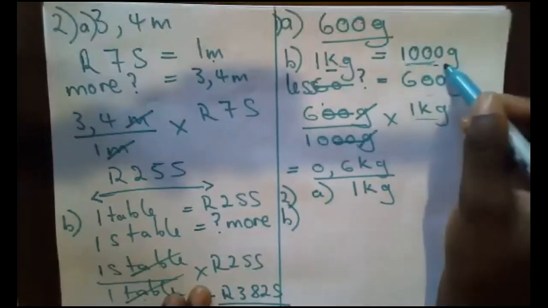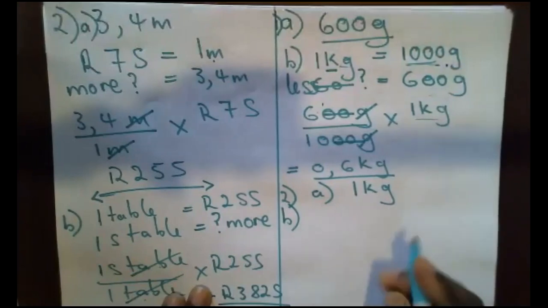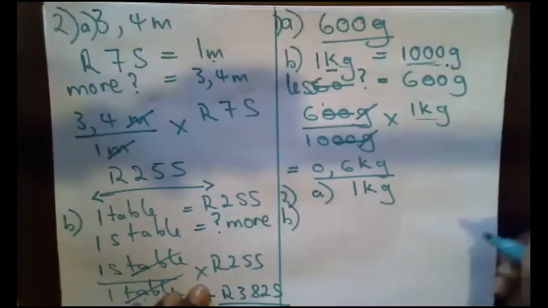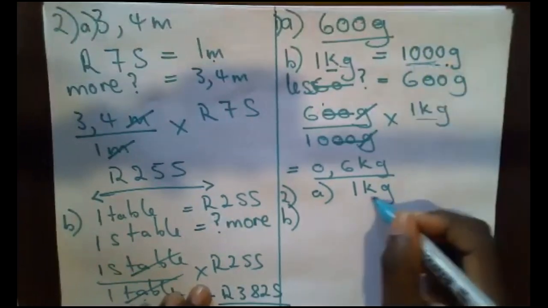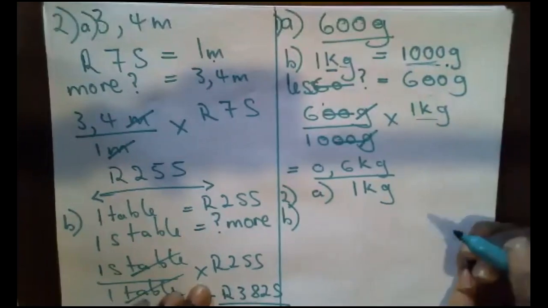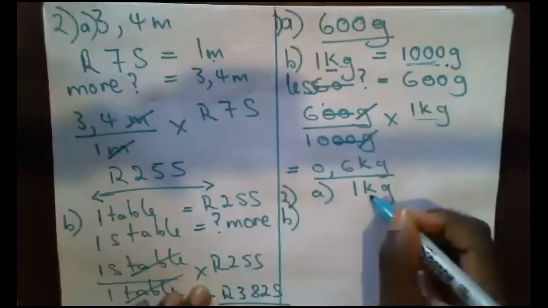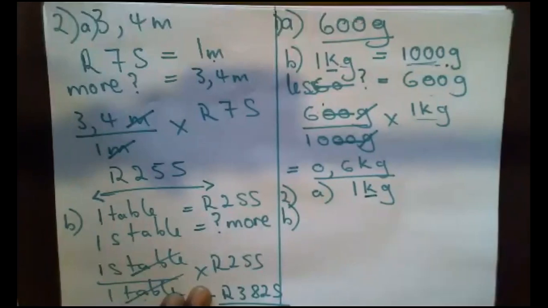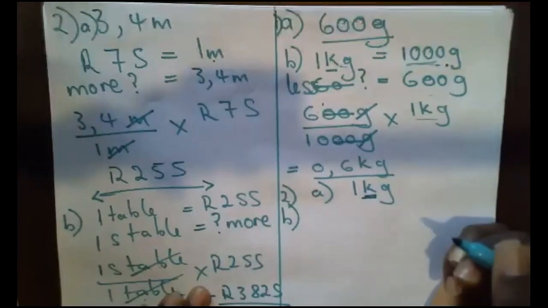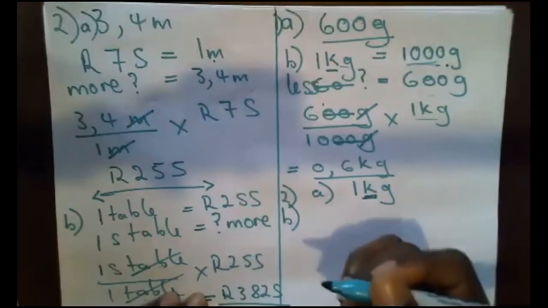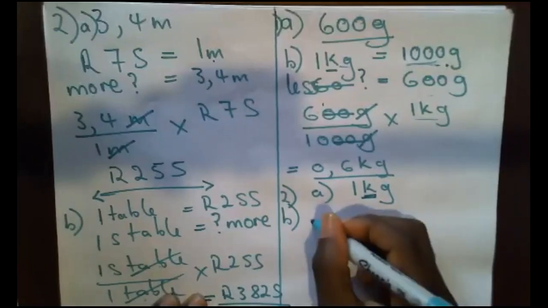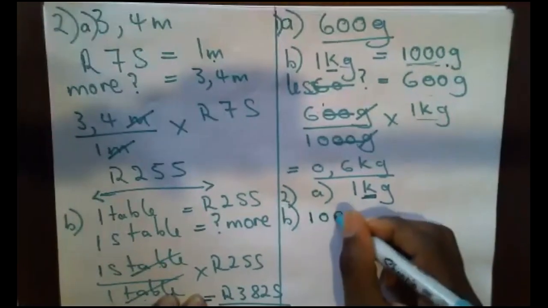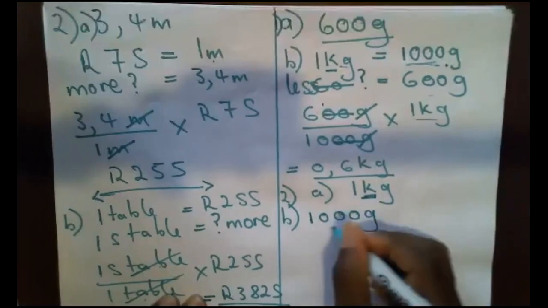We have said that 1 kg is equal to 1,000 grams, because a kilo means 1,000. Don't forget that, guys. Kilo means 1,000. So we just say 1,000 grams.